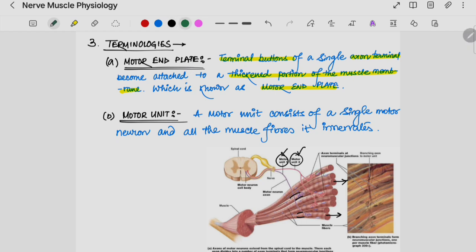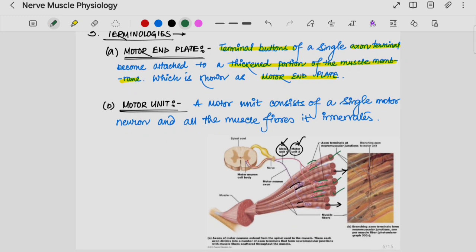In a similar way, for motor unit 2 there are three fibers, so three muscle fibers are the motor unit of that single motor neuron of motor unit 2, right? The primary role of the motor unit is to facilitate muscle contraction.